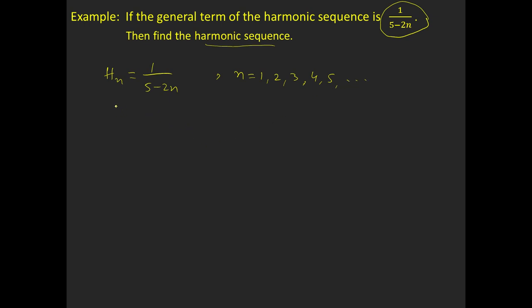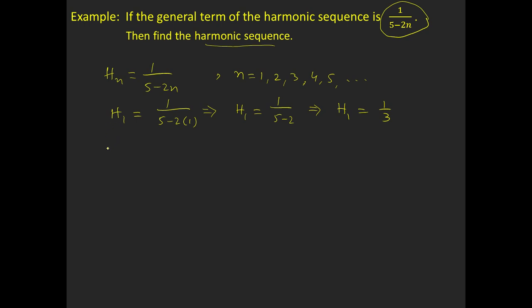Now we will put n is equal to 1, 2, 3, 4, 5 and so on. First put n is equal to 1. So h1 is 1 over 5 minus 2 into 1, and this is equal to 1 over 5 minus 2, and this is equal to 1 over 3.